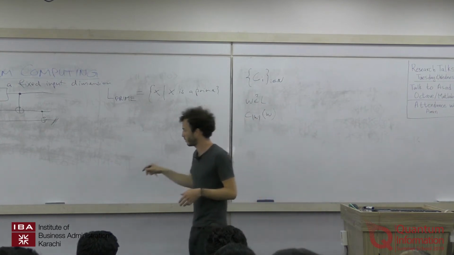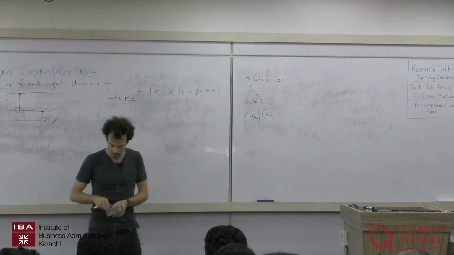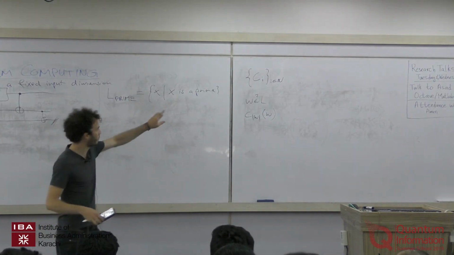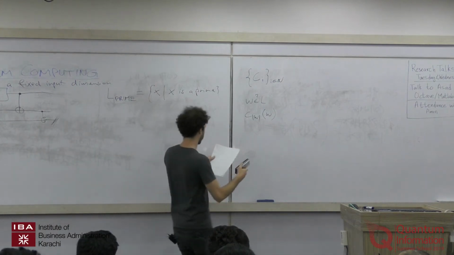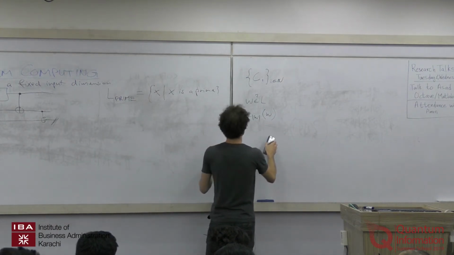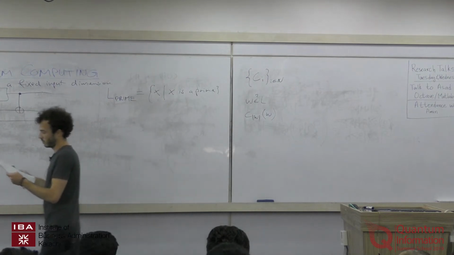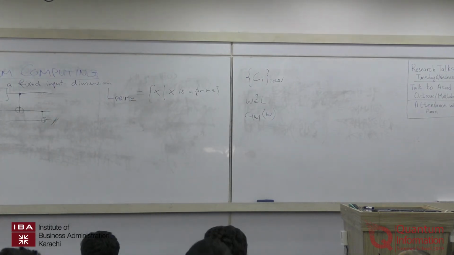But the problem is that we want these circuits to be generated by an algorithm. And this is called a uniform circuit family.